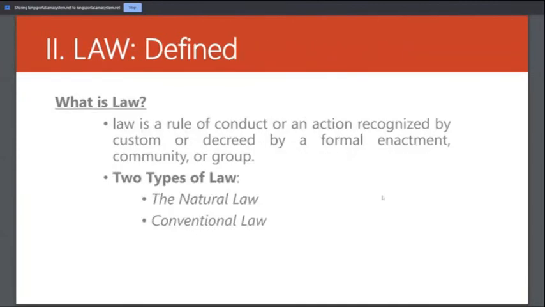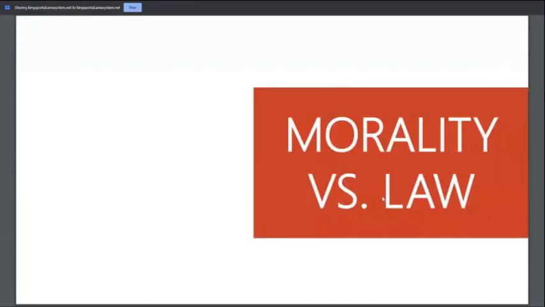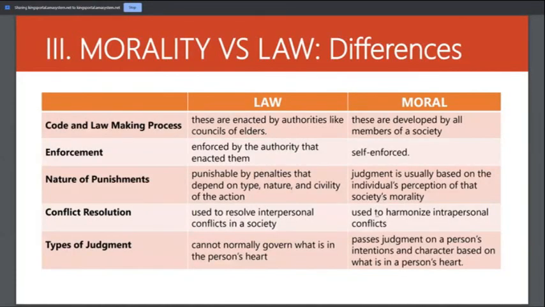To continue with the discussion, let's talk about the differences between morality and law. These are the main differences. When it comes to code and law making process, laws are enacted by authorities like councils of elders, while morals are developed by all members of a society.